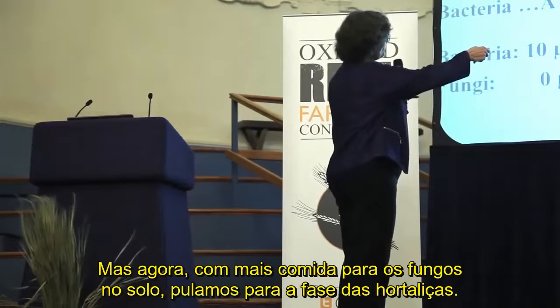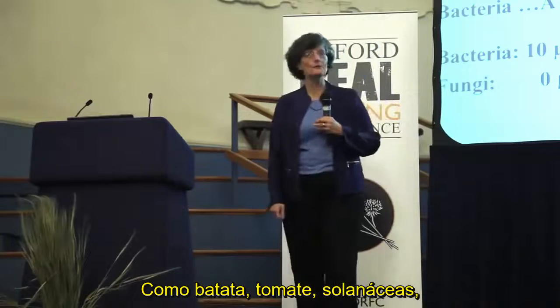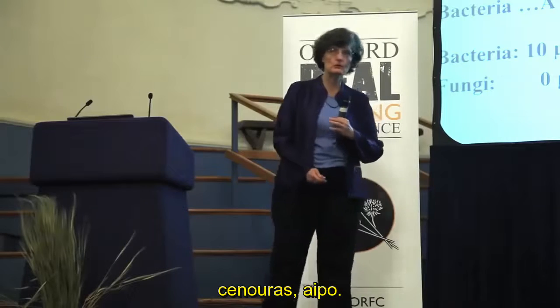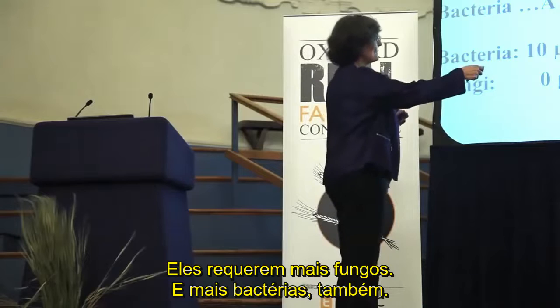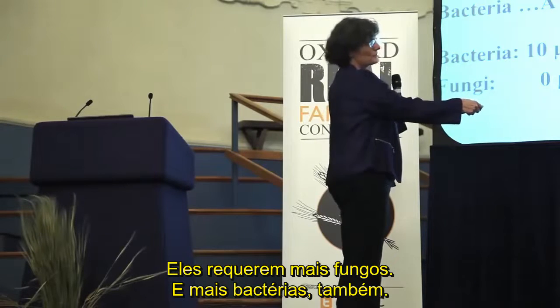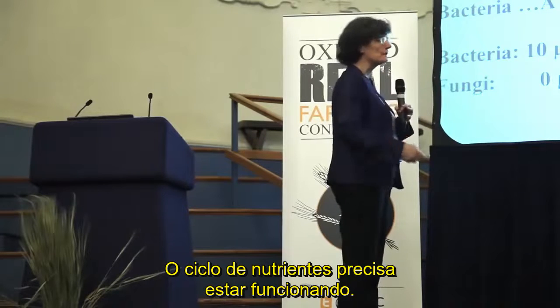But now, Mother Nature, more fungal foods coming into the soil. So as we move into the vegetables, now we're growing potatoes and tomatoes, the Solanaceae, we're growing carrots, we're growing celery. Some of those vegetables require more fungi, and more bacteria too. Nutrient cycling has to get up and get going here.